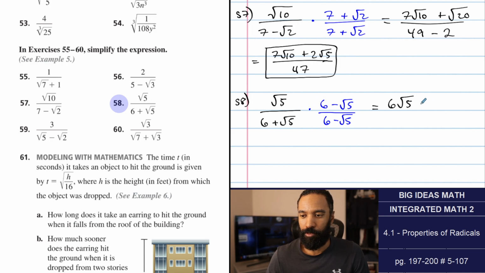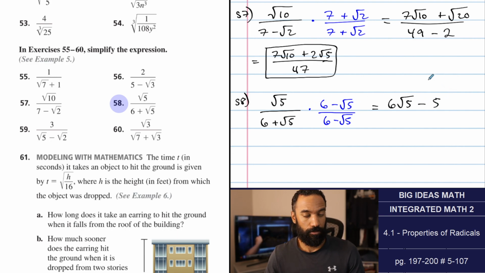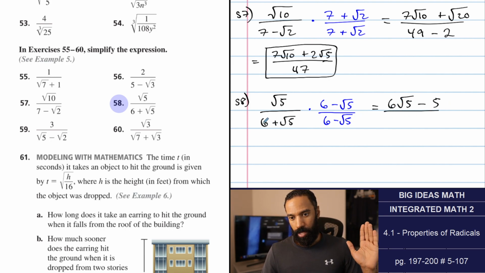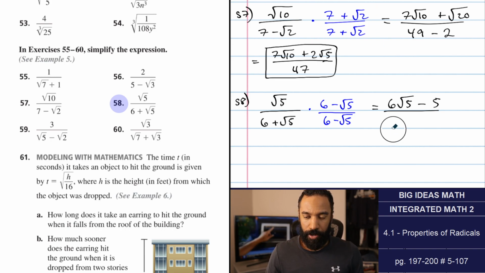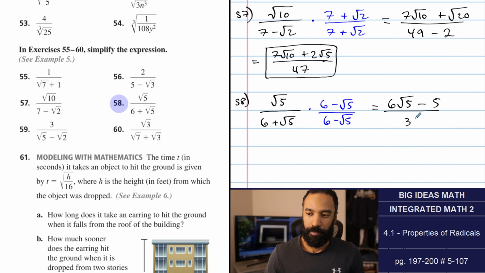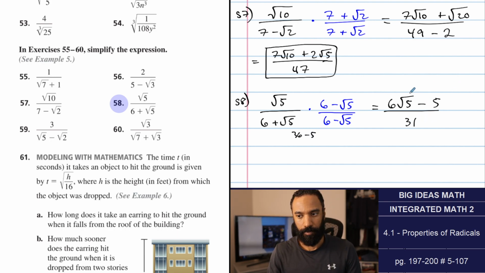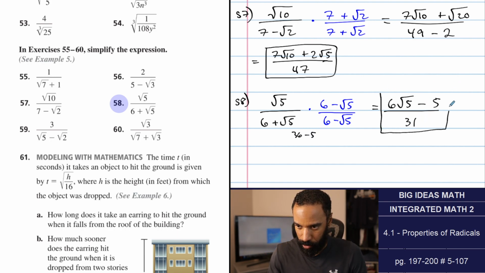Root 5 times negative root 5 is negative 5. Right? It's the same way as we're going to square these negative 5s as well. Now we get 36. Listen, I'm just going to write it. 36 minus 5. It's 31. We're doing 36 minus 5. 31. I think that's it. I can't do anything else with that.